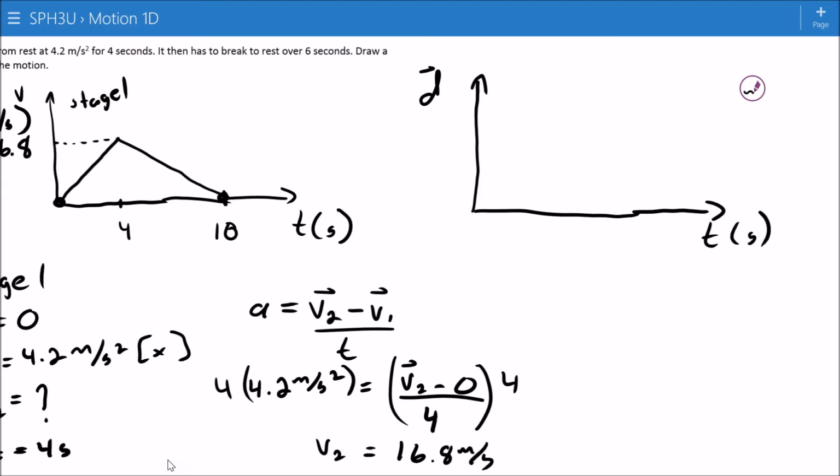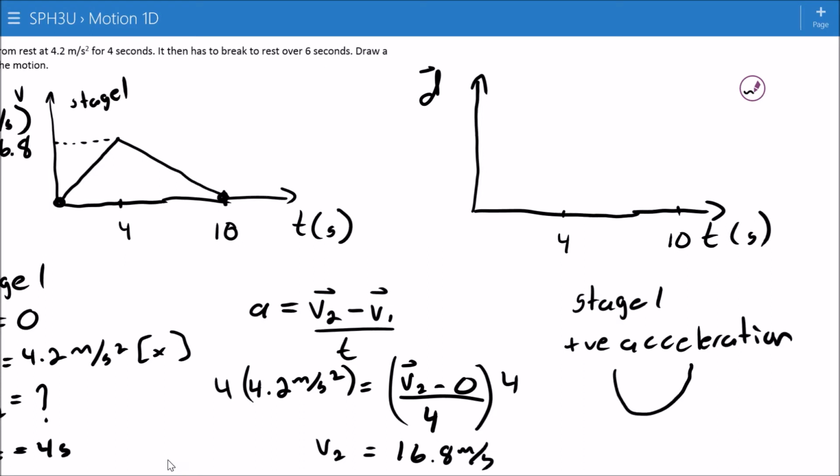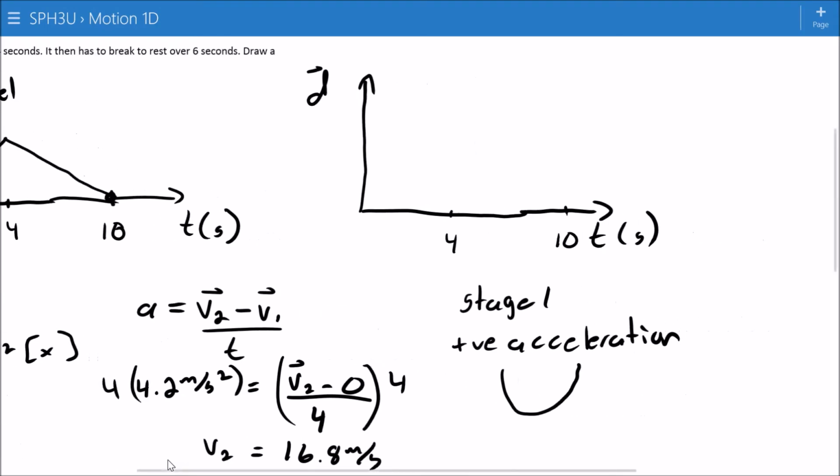Again, the critical times for these two graphs are going to be the same, right? It's accelerating up to 4 seconds and then slowing down until 10 seconds. I'm going to look at each stage separately. So in stage 1, I'm going to say it's accelerating in a positive acceleration, which means we're looking at a quadratic that opens up.